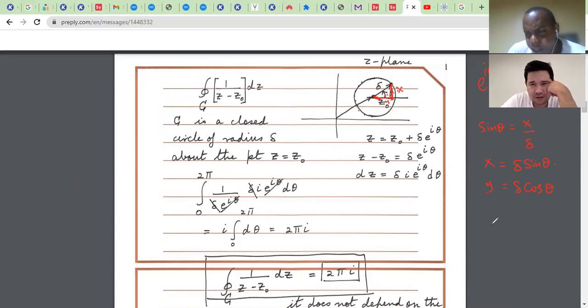And remember, z is the point x plus iy. So z is going to be delta sine theta plus i delta cos theta.